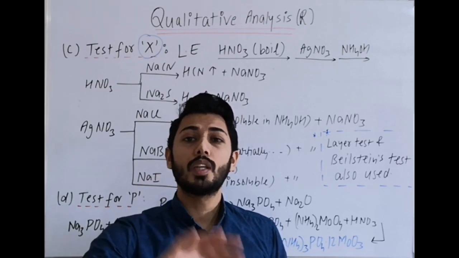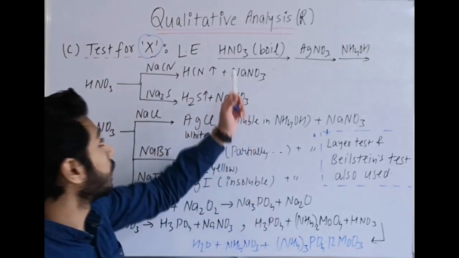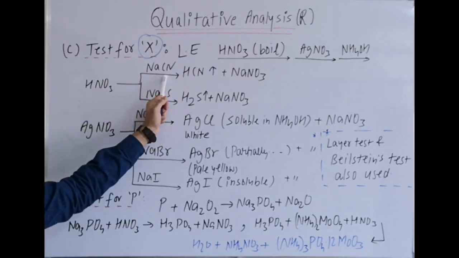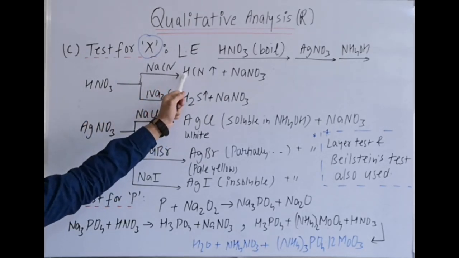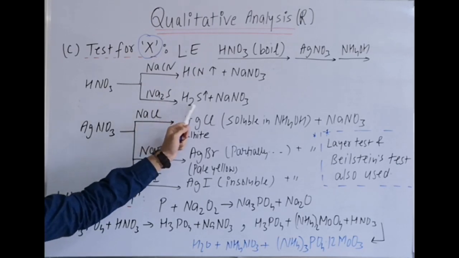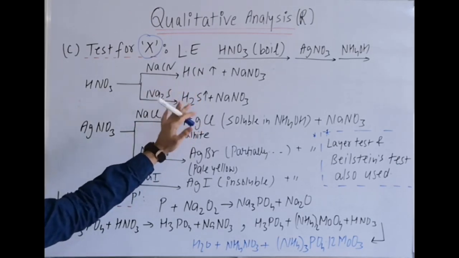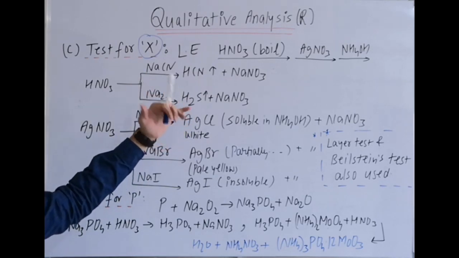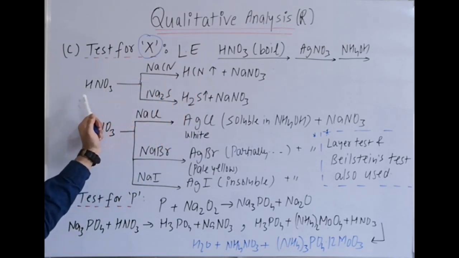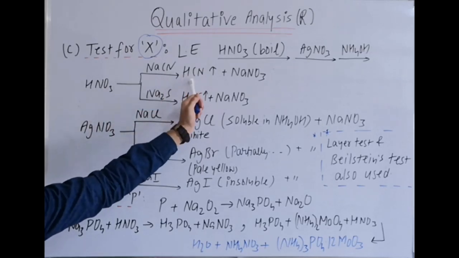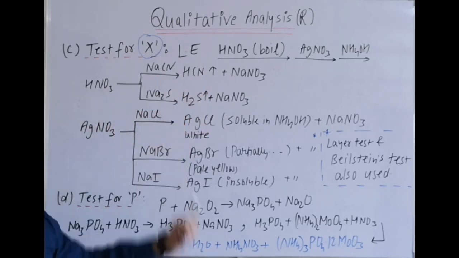So firstly we remove them by treating with HNO3. HNO3 reacts with cyanide ion to give HCN gas, and with sodium sulfide it gives H2S gas. That means the other elements, nitrogen and sulfur, are removed by using HNO3, decomposing them into HCN gas and H2S gas.